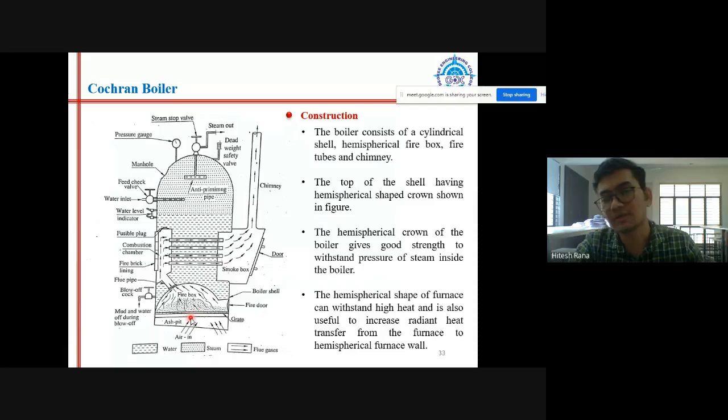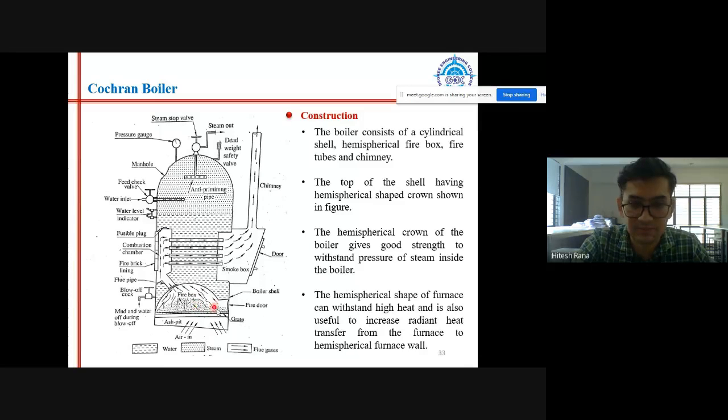When I discussed the components of the boiler, I explained all of these in detail. And on the grate you can see fuel is placed, and here a firebox or furnace, you can see this igloo type, hemispherical shape. This component is the firebox or furnace.